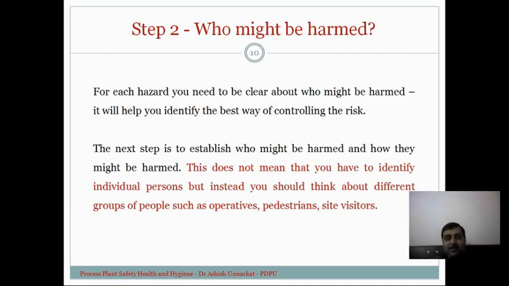So whether it is a community, a group of people, or very specific people who are working in the area who are going to be harmed, this has to be noted. And each hazard will have a different implication. So you have to find out very specifically, if something goes wrong, what set of people is going to be harmed.